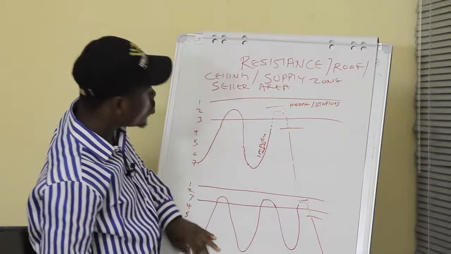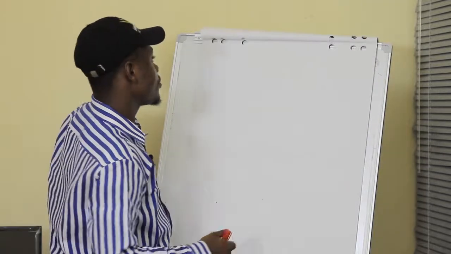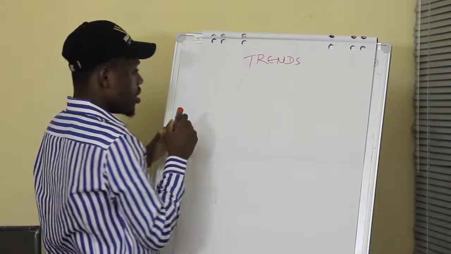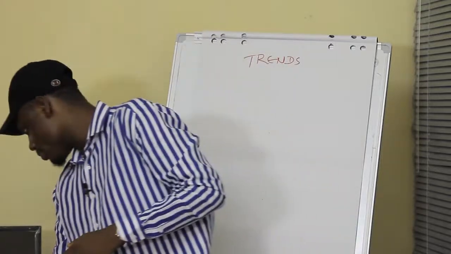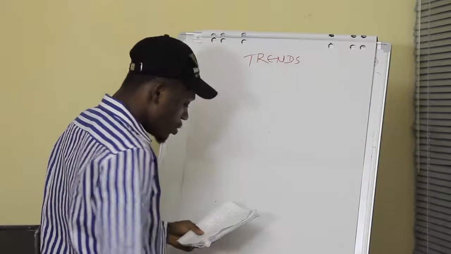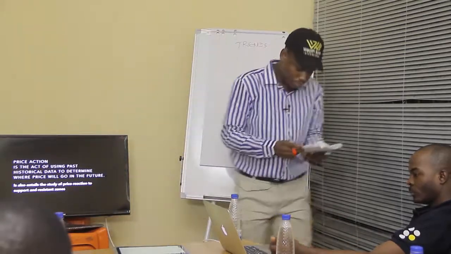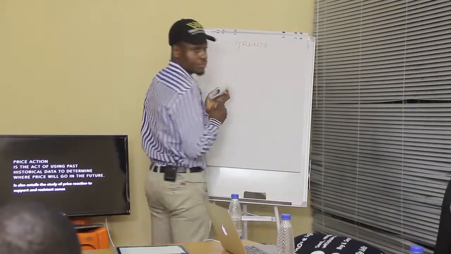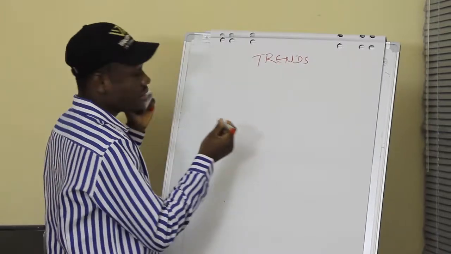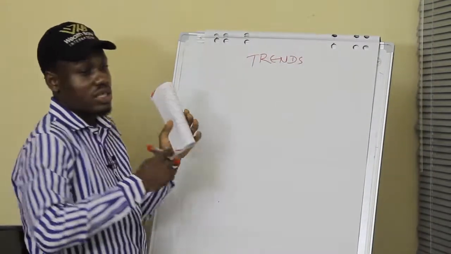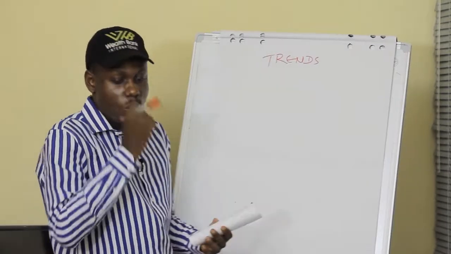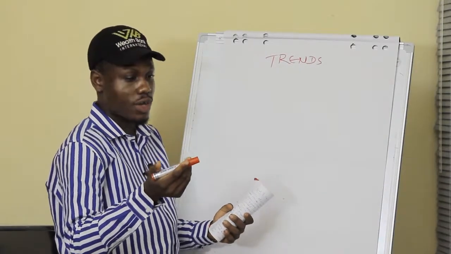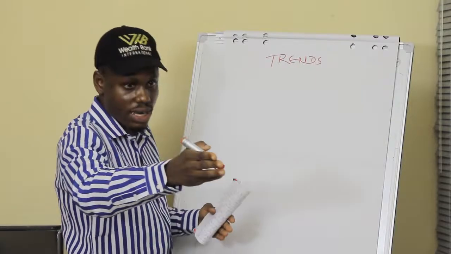Okay, so now let's talk about trends. We'll take notes, please, for those that have your notes. A market is said to be in trend when the market makes successive lows and highs, or when the market moves in a certain direction.